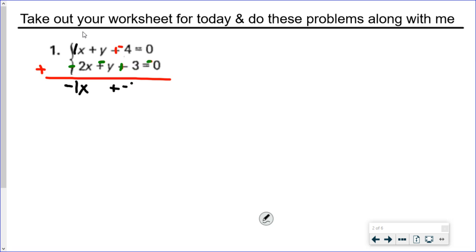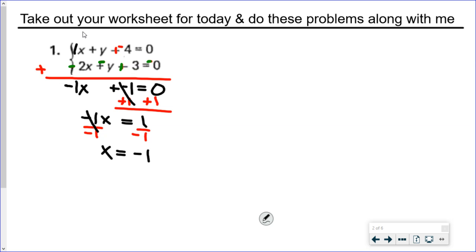That gives me a -1, and it still equals 0. Okay, but it's not bad. So now add 1. -1x equals 1. Divide by -1, and you get x equals -1.